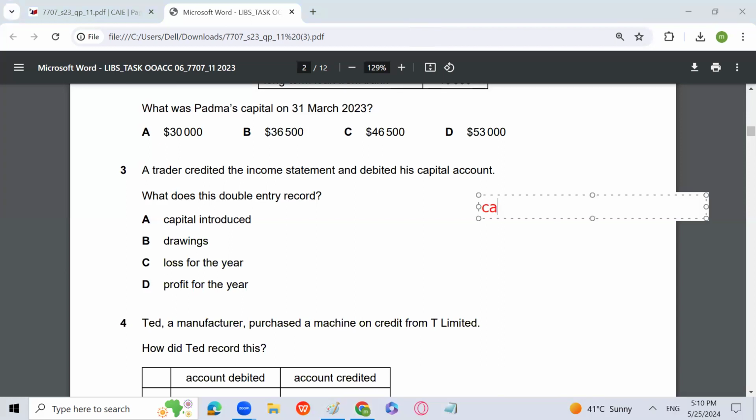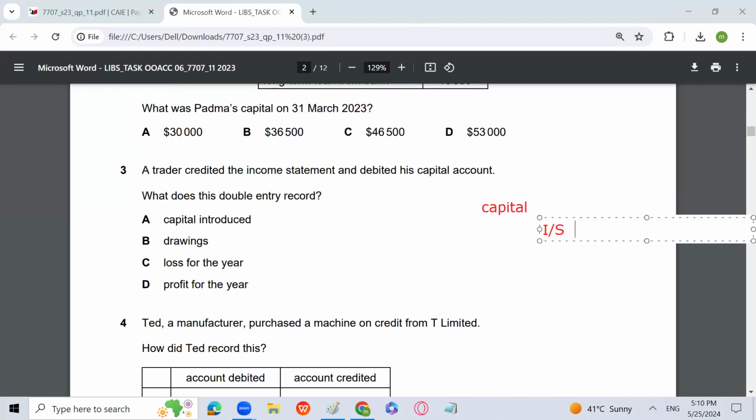The entry is capital debit and income statement credit. So this entry is basically transferring the loss for the year to the capital account.